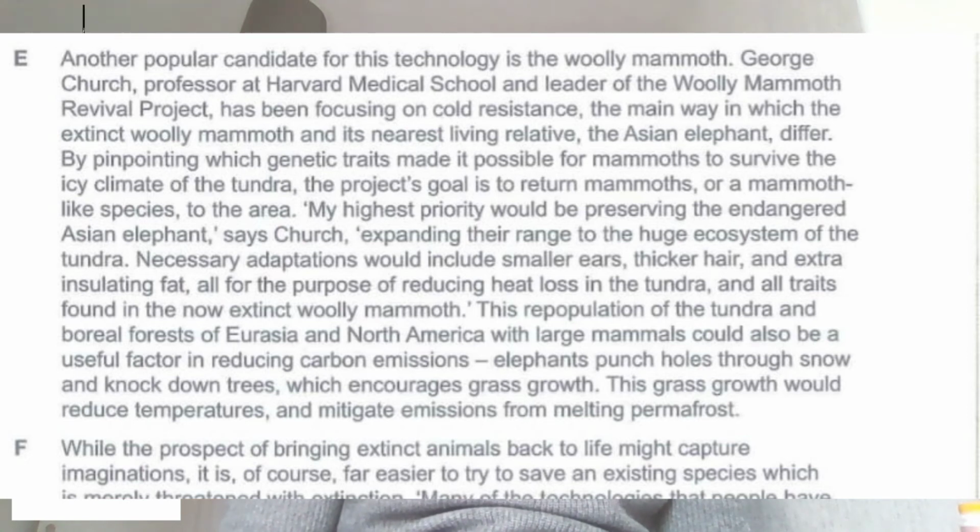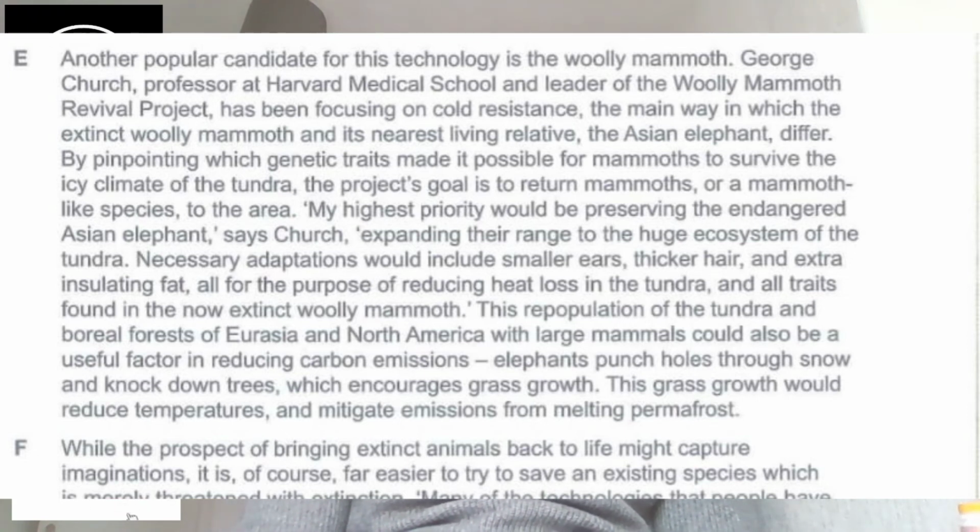The project goal is to return a mammoth-like species to the area. My priority will be preserving the endangered Asian elephant, says Church, expanding their range to the huge ecosystem of the tundra. Necessary adaptations will include smaller ears, thicker hair, and extra insulating fat.